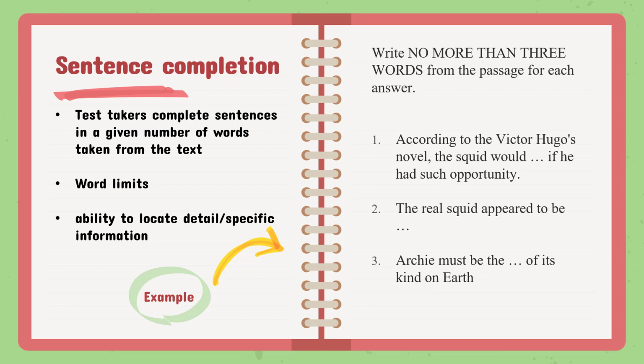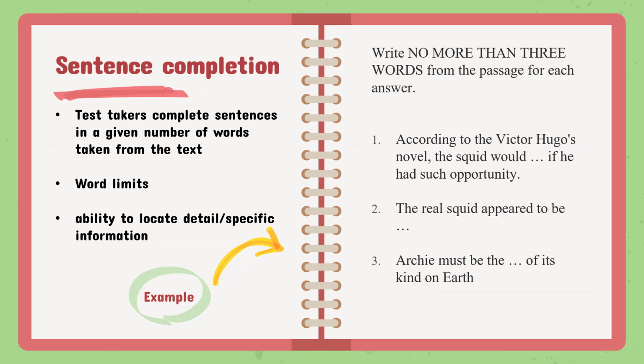If you pay attention to the example that I have provided here, you can see that you cannot write more than 3 words. Sometimes more than 2 words, sometimes 1 word, sometimes a word or a number. Whatever the case, you have a word limit. If you write more than that, the answer is not gonna be correct, even if you have the right information, but you have exceeded the word limit, your answer is gonna be marked as wrong.